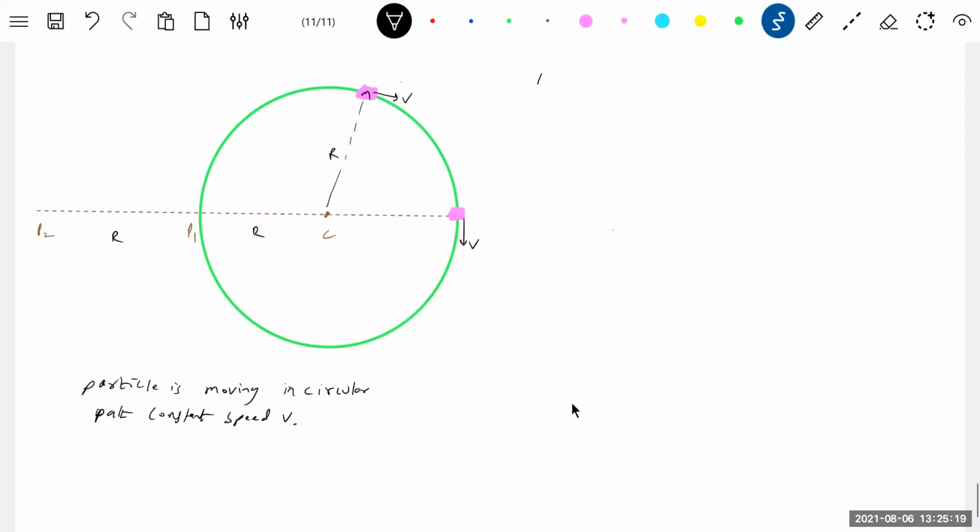Now I'll ask you, find the angular velocity of the particle about point C, P1, P2, when it is at B.